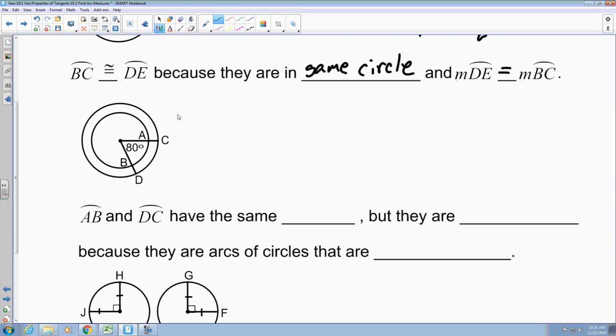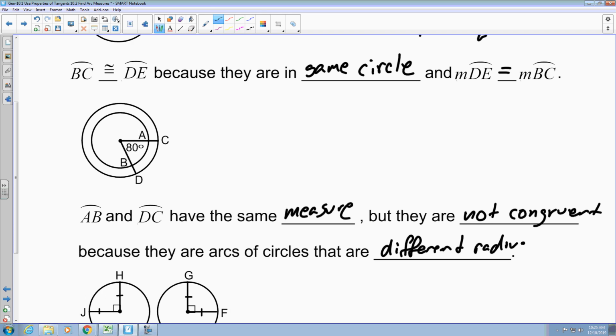If I look over here, arc AB and arc DC have the same measure, but they are not congruent because they are arcs of circles with different radii. So these are not congruent arcs.